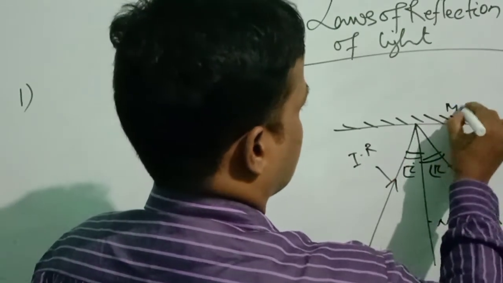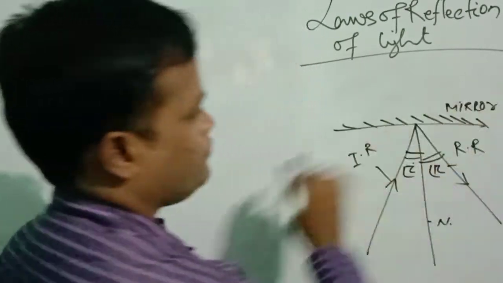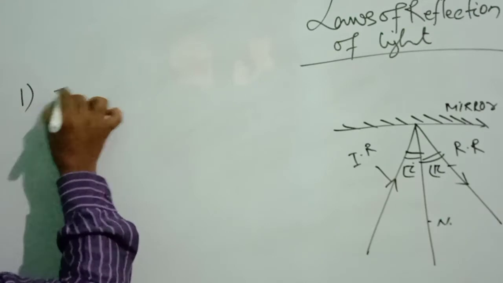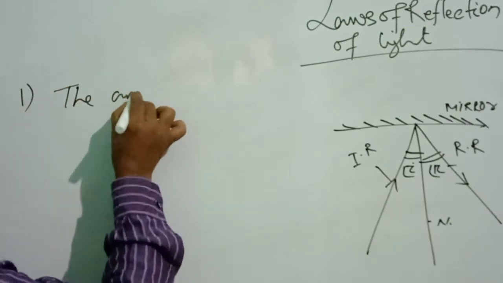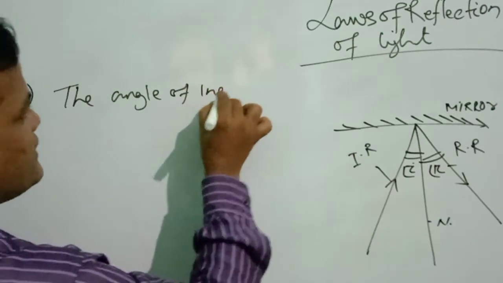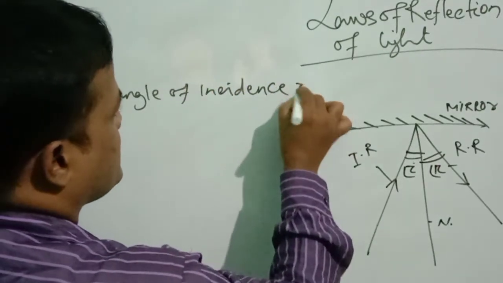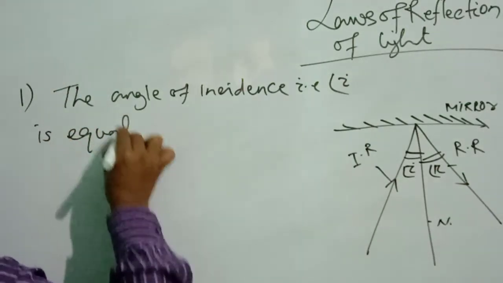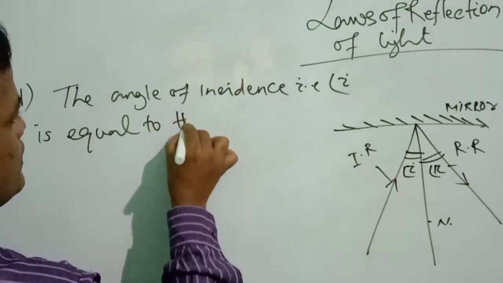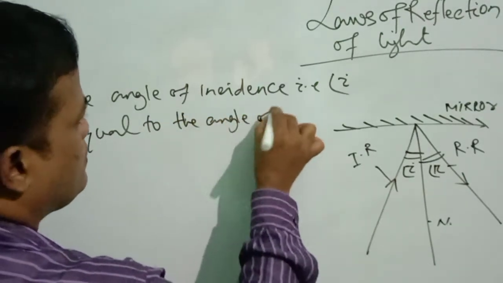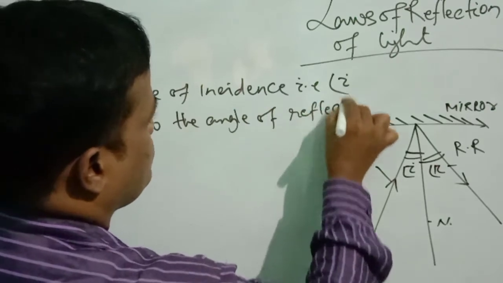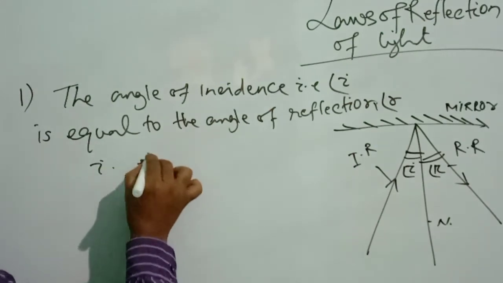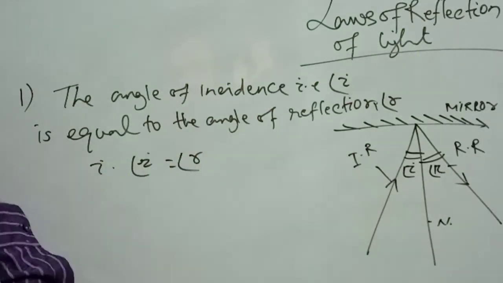This is the mirror. So this first law says the angle of incidence, that is angle i, is equal to the angle of reflection, that is angle r, i equal to r. This is the first law of reflection.